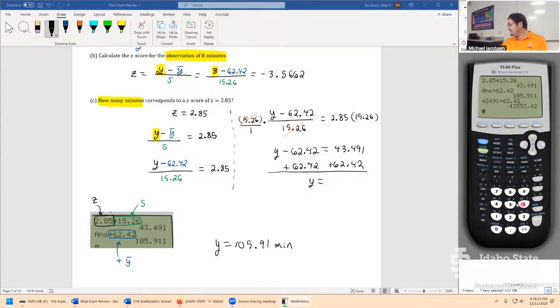Let me try again. 43 point, that's what I forgot, 491 plus 62.42 gives us the value 105.911. So either way we look at it, this is the solution to this kind of reverse problem now.